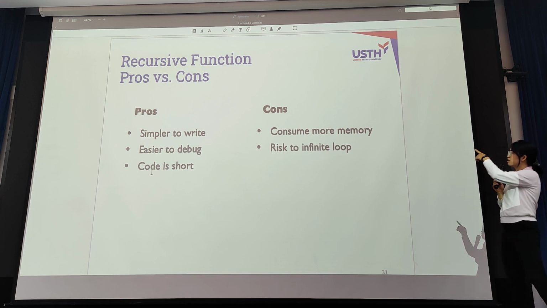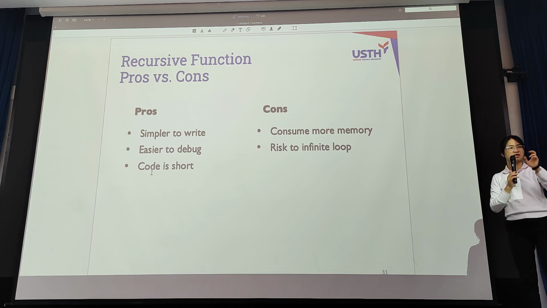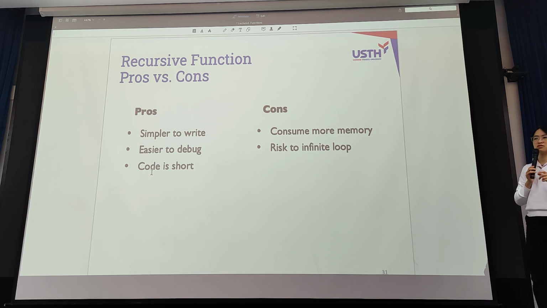So visually, the recursive function is simpler to write, and it's nice. Less code, easier to debug. Because if an error occurs, you can specify that it happened inside the function, and normally it's coming from the loop without the exit point.